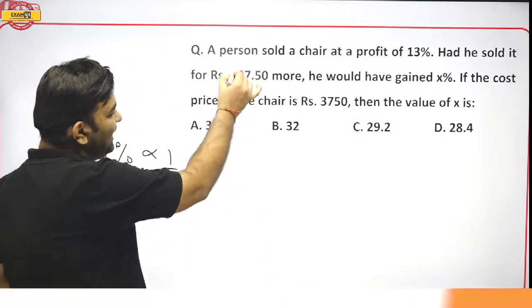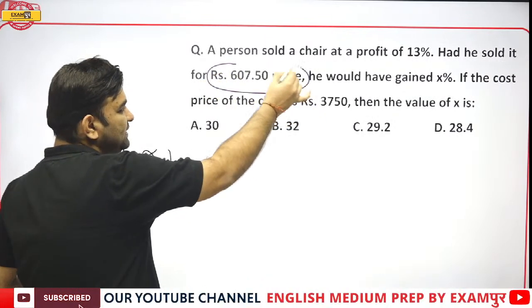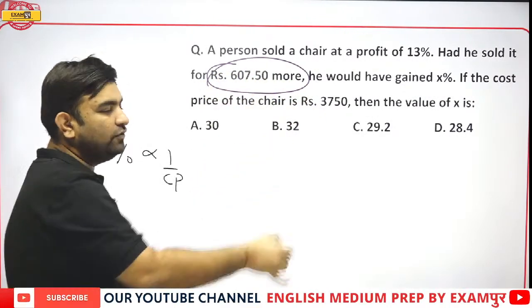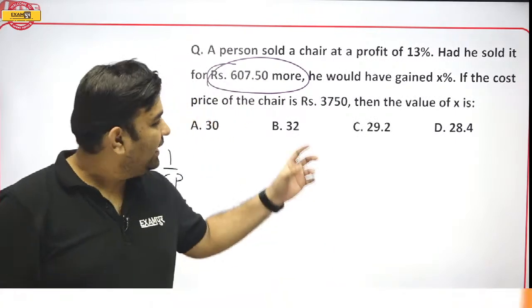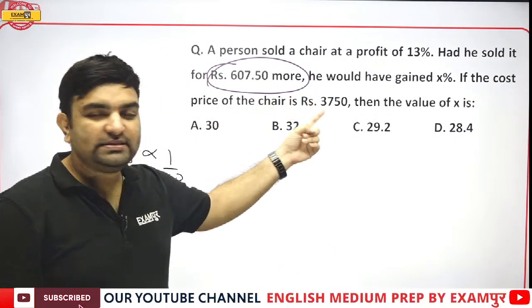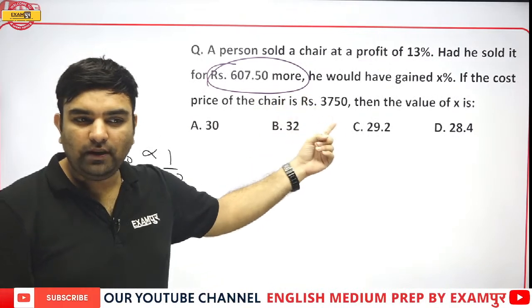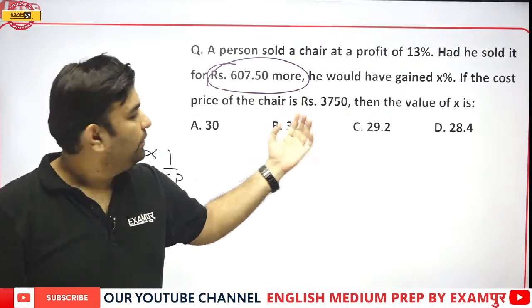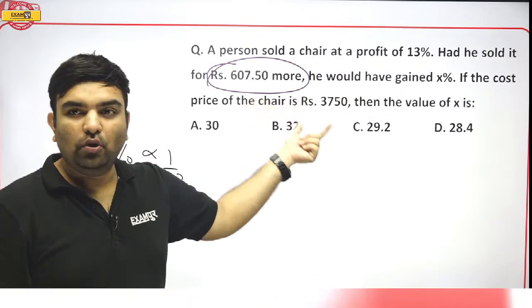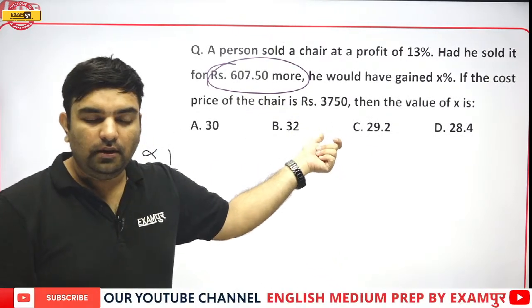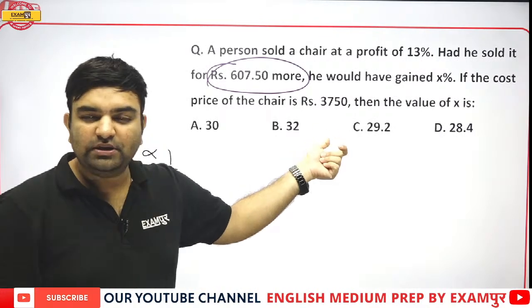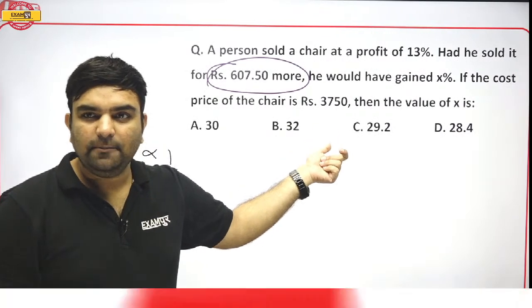So if you are selling it for 607.50 more rupees, can I say I would calculate how much percentage extra profit this is? Because this much extra over the CP of 3750 will directly give me how much extra profit I am selling at.